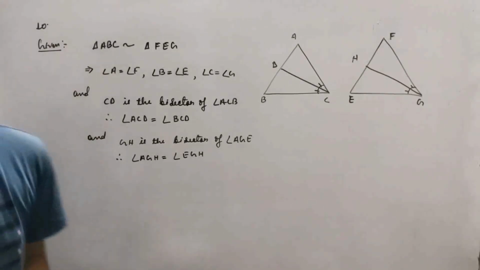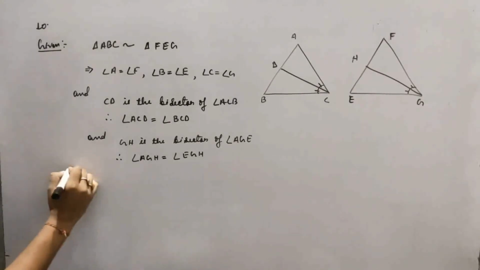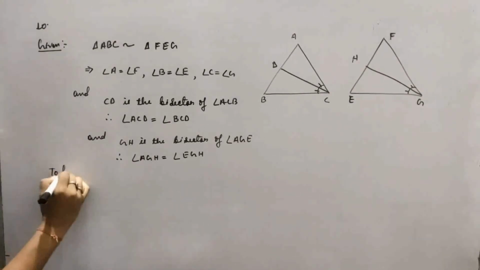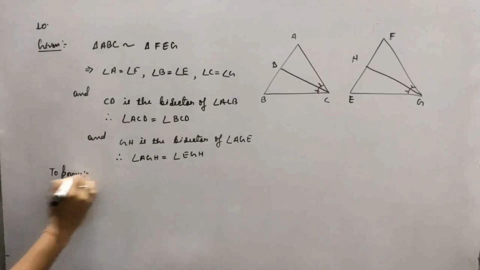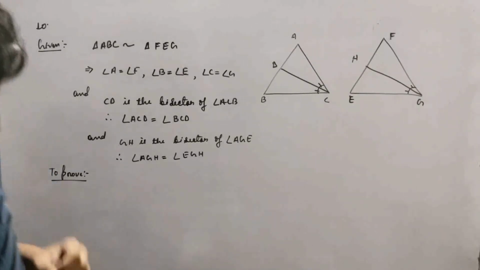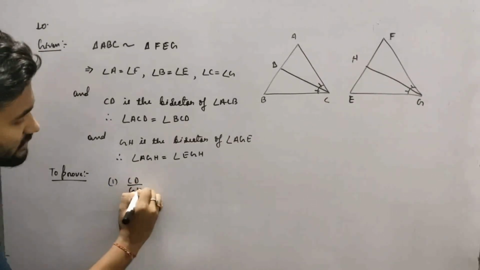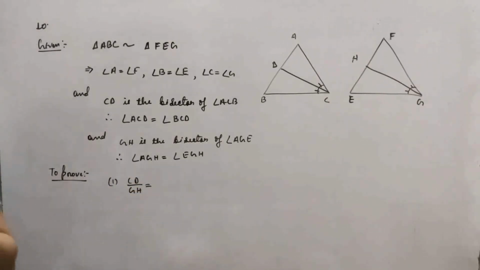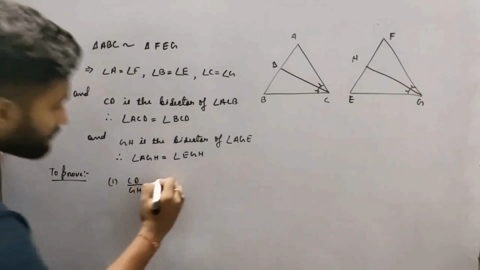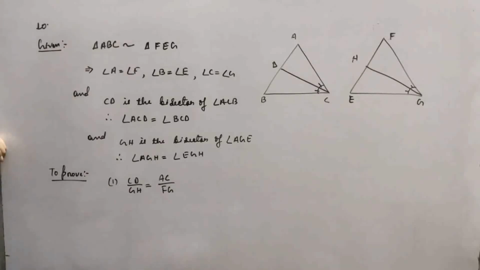Okay, now what we have to prove? Lot of things we have to prove. Okay, so to prove, whatever it is given, you write. At first it is given what? CD by GH will be equal to AC by FG. Number one is CD by GH will be equal to AC by FG. Okay.